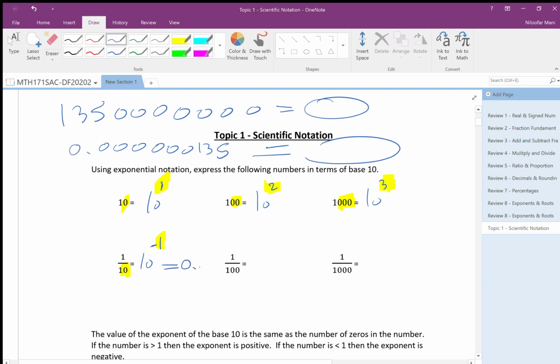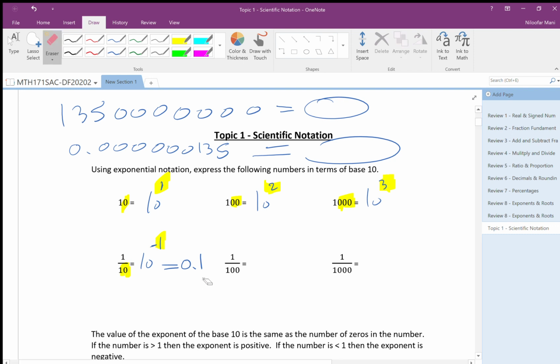It's 0.1. Okay, as you can see here, you have power 2 and you have two zeros. Okay, you have power 3 and you have three zeros. You have power 1 and you have one zero. But when you have power minus 1, you don't have any zero here.